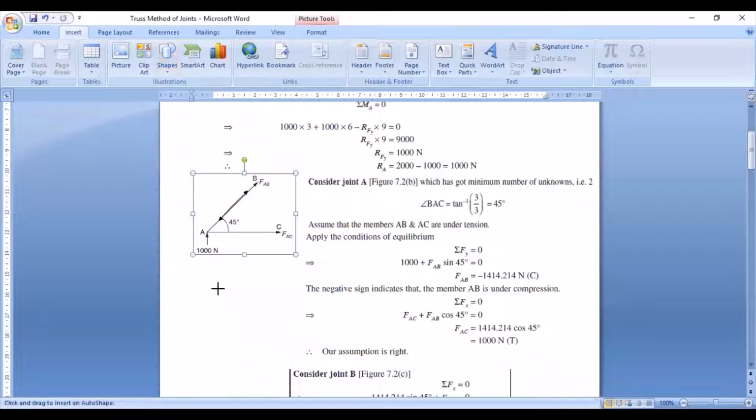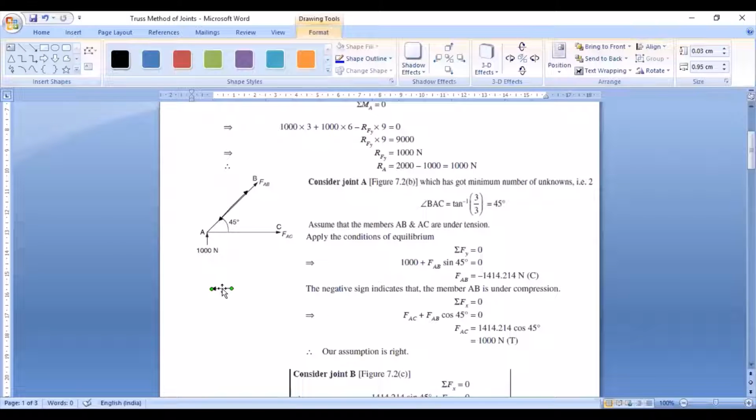So when you're showing it, it will be in this manner. So in this member, they are moving towards the joint. For A also it is moving towards the joint, for B also it is moving towards the joint. So here for AC they are moving away from the joint, so both will be moving away from the joint. Okay.